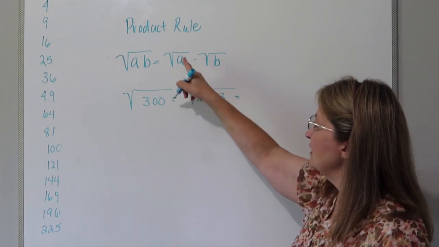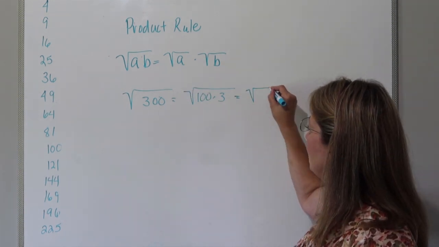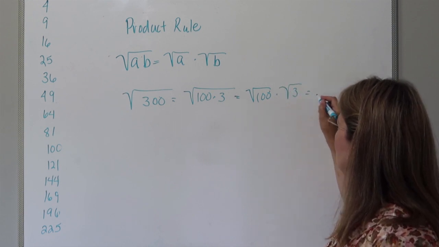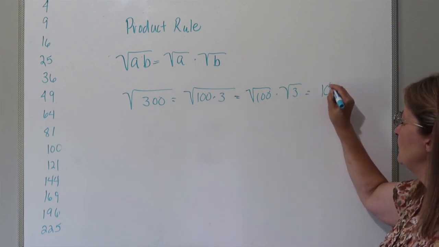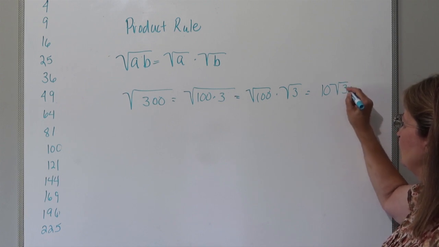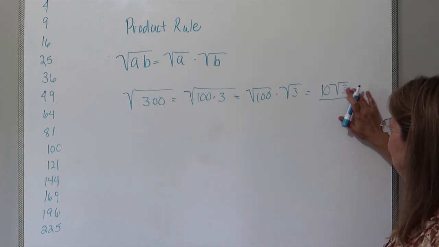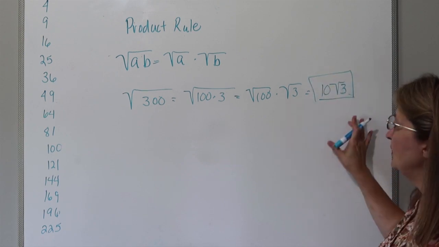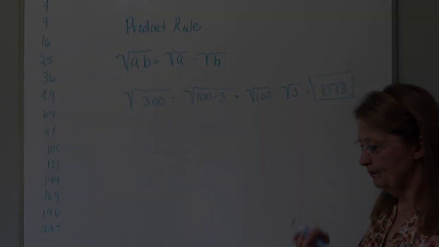Now I can split this up according to the product rule and get the square root of 100 times the square root of 3, which would be 10 square root of 3. Oops. Just a 3, not 30. So that's going to be your lowest term answer.